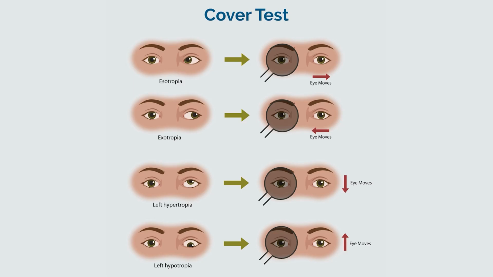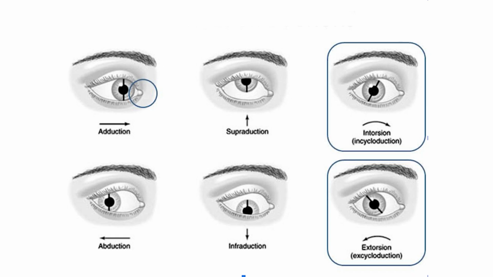We begin the examination with inspection. With inspection, we look at the eye alignment, fixation, and head posture. We assess visual acuity for amblyopia with age-appropriate VA testing, and sensory testing for stereo acuity, fusion, stereopsis, and suppression. We test ductions and versions for 9 positions of gaze, and oblique muscle dysfunction.